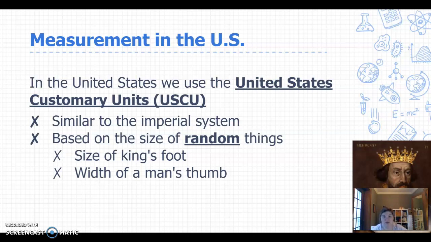So the size of a king's foot or the width of a man's thumb, things that aren't anywhere near being systematically the same or uniform in any regard, but that were thought of to be important at the time and relatively useful. You could walk off an area using the size of a man's foot or the king's foot, and you would have a general idea of feet, how many feet something was.